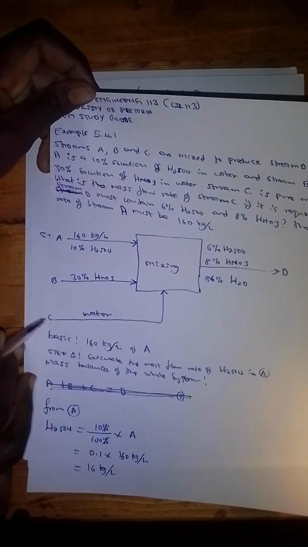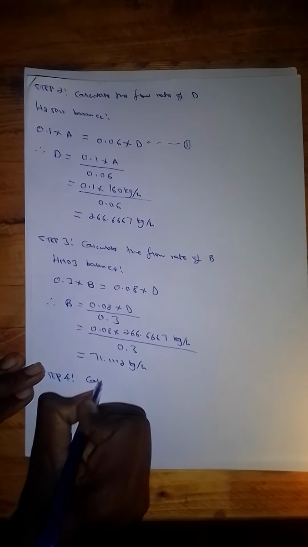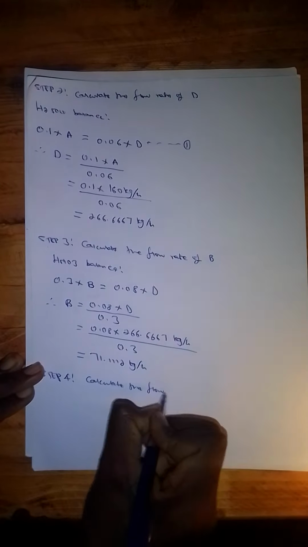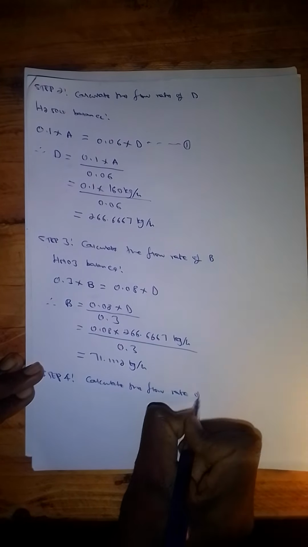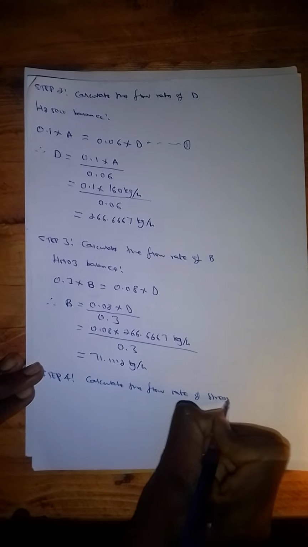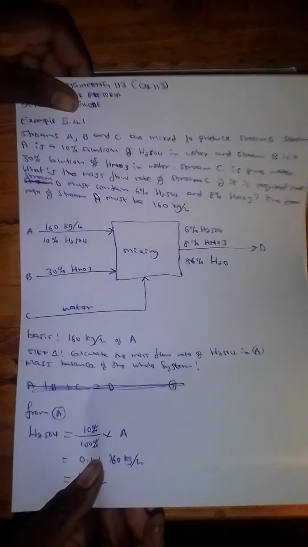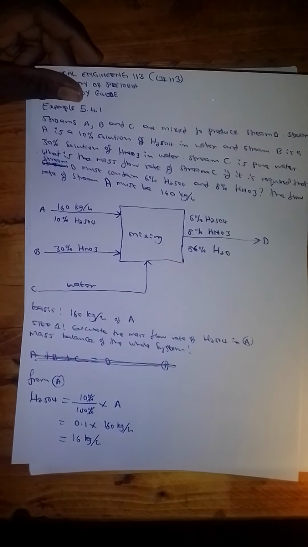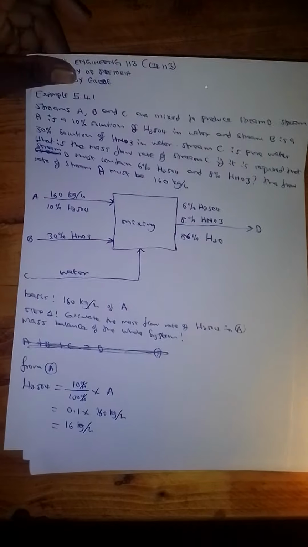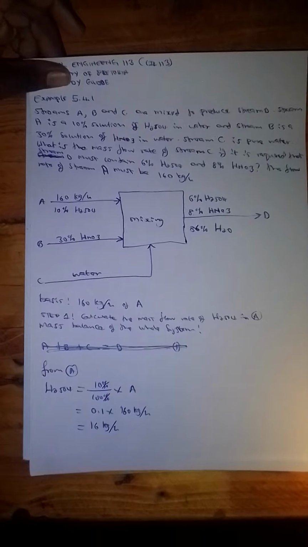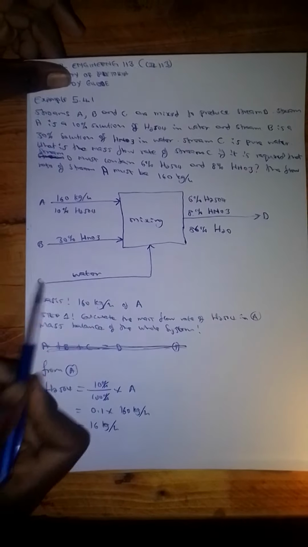We're going to calculate the total flow rate of stream C. The easiest way is to make the mass balance of the whole system. Remember, A plus B plus C equals D, and we have A, B, and D. Only C is not there.